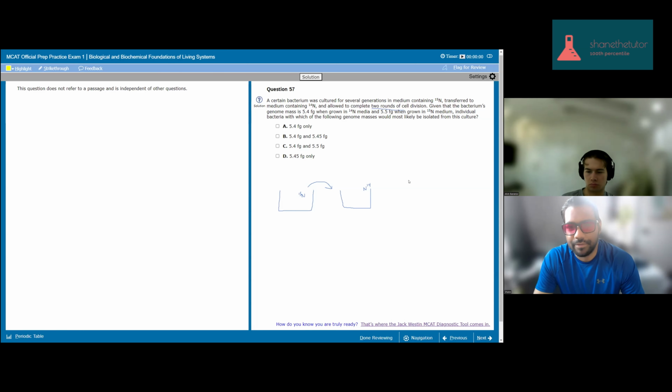So if we have one, it'll turn into 2, which will turn into 4, which would have the N14 in it. And then it says, given that the bacterium's genome mass is 5.4 Fg.